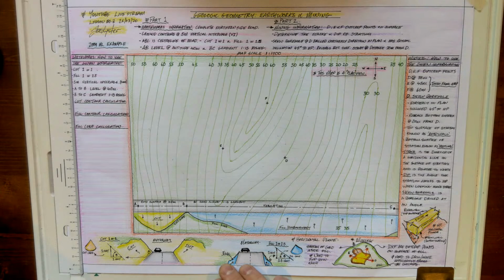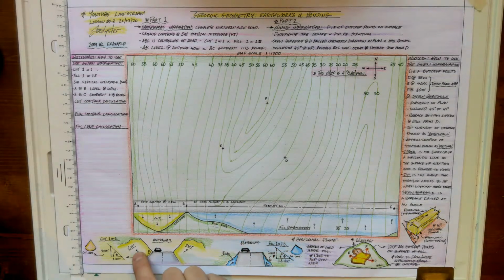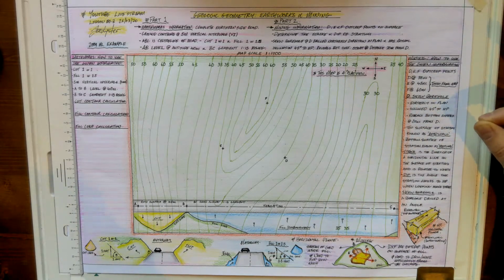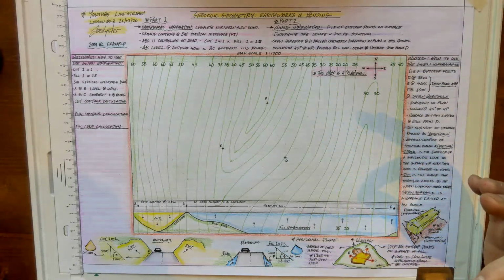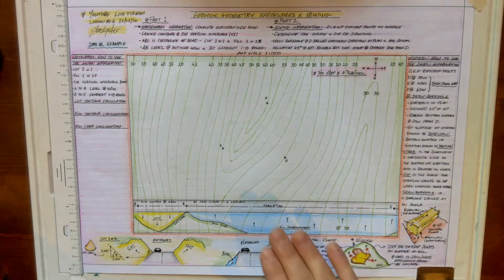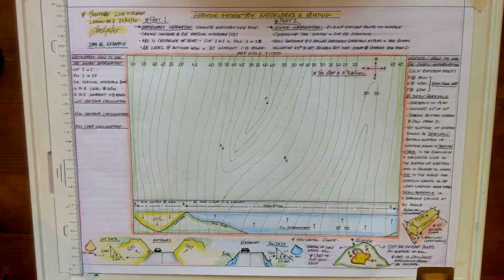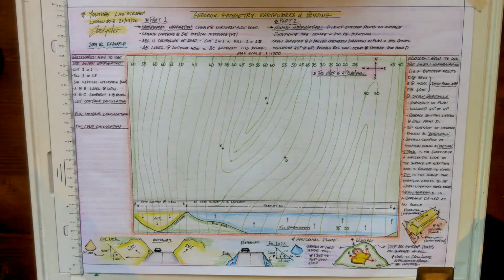So we won't get too bogged down. I will explain, though, that these little fellas here are called tadpoles. They are used in official drawings for roadworks and so on to indicate the direction of the ground. And the rule there is tadpoles always swim uphill.